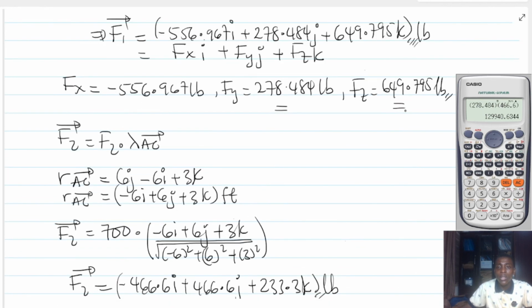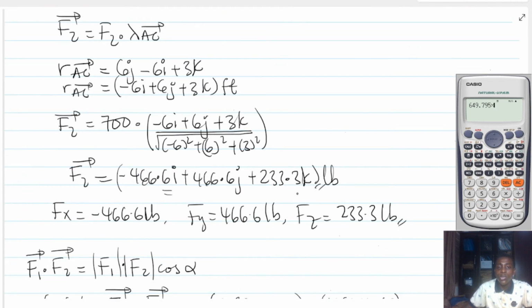And finally, I'll do the z component. So let's do it together. It's going to be 649.795, and I'm going to multiply this by the z component of the second one, which is 233.3.